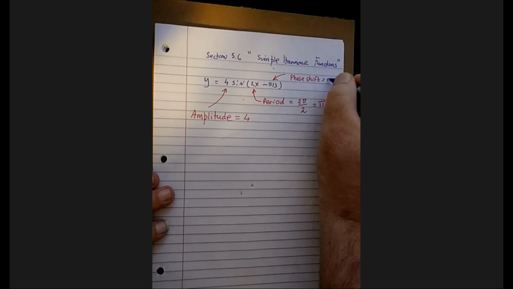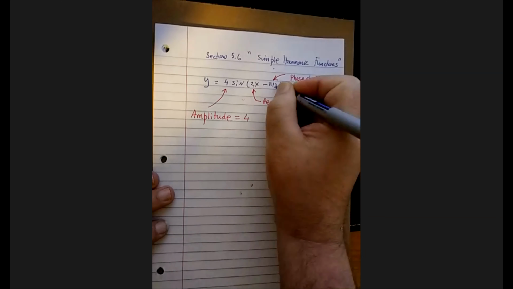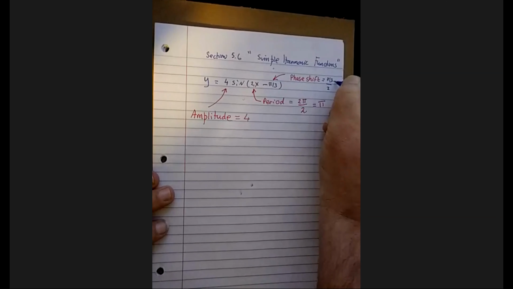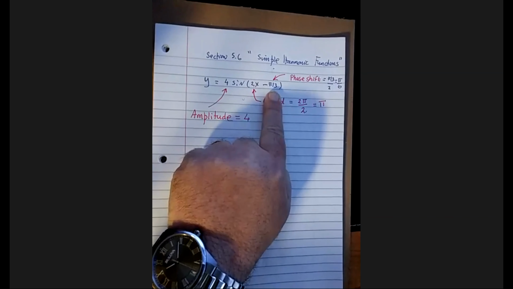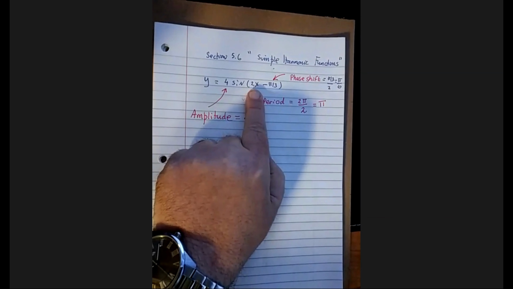by taking this fella and dividing it by that guy. So in this case, the phase shift will be pi upon 6. So you take this number here, which is pi upon 3, this fraction, and you divide it by the coefficient of x, and that will get you the phase shift.